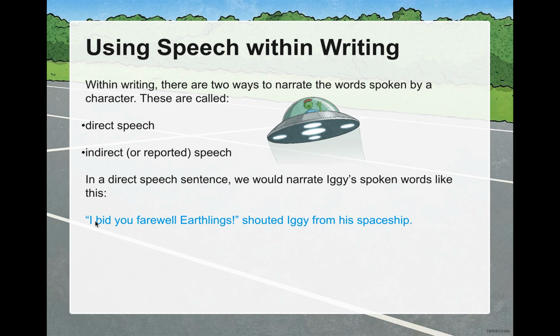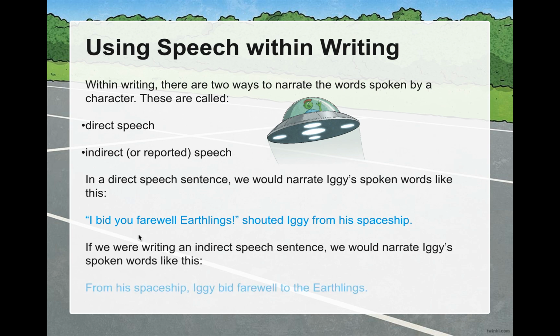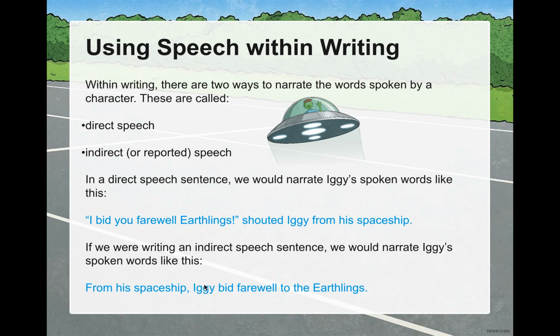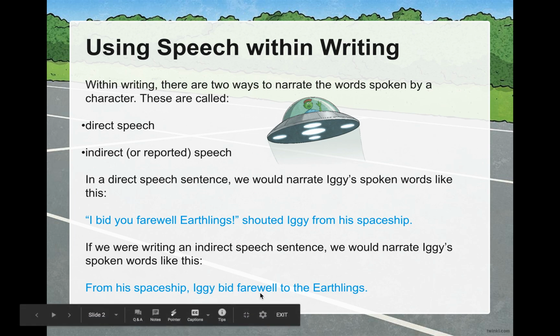It's going to usually be a direct speech example. However, here we have, "From his spaceship, Iggy bid farewell to the Earthlings." There's no I anymore. This is just telling you what he said without using the same words. So in this case, it's indirect.